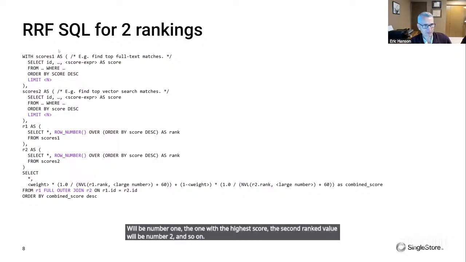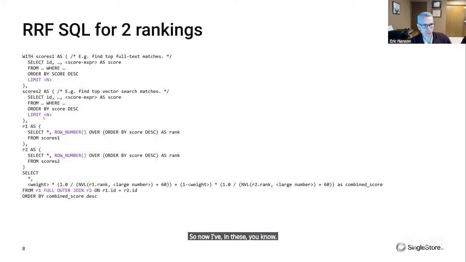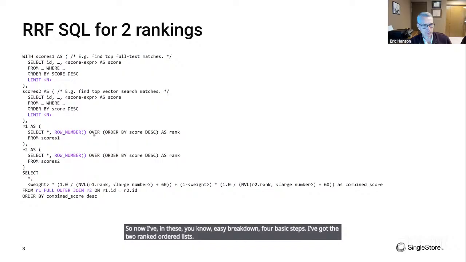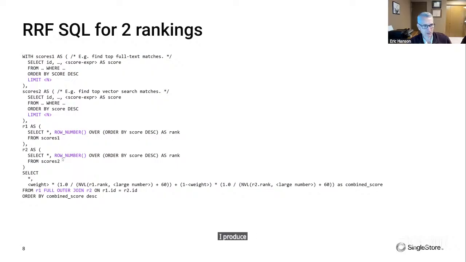So in this easy breakdown of 4 basic steps, I've got the 2 rank ordered lists. I produce rank numbers for each of them and add that on to the original results. And now I combine them. In this case, I'm doing a weighted sum of the 2.